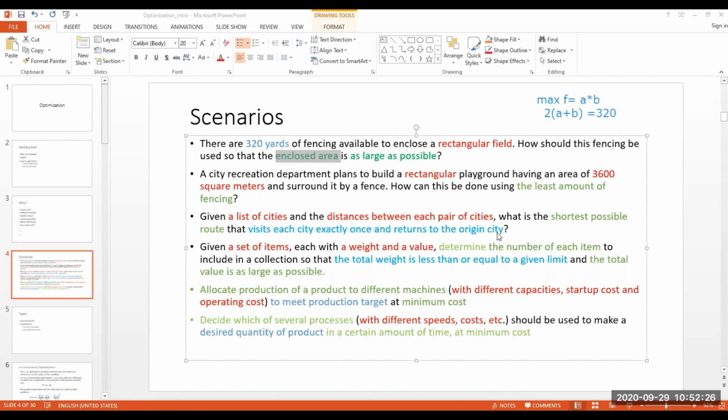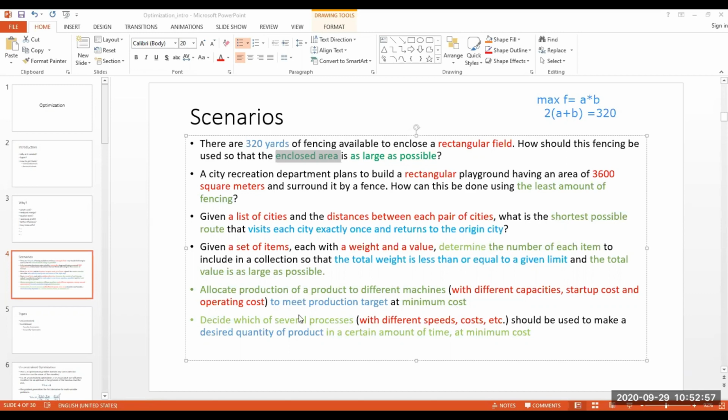You have to touch every city once and only once, and then you have to return to Dhaka. So what is the shortest possible route? Given the cities' names, Dhaka, Chittagong, Rajshahi, and so on, and the distances between each pair of cities, this is one example of finding the shortest path between your source and destination.